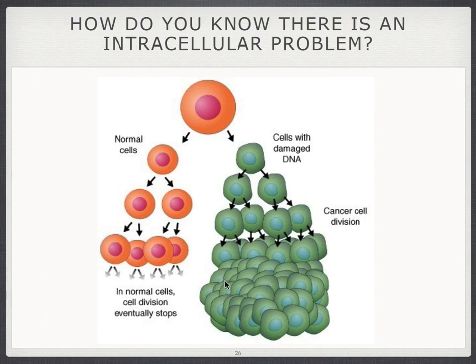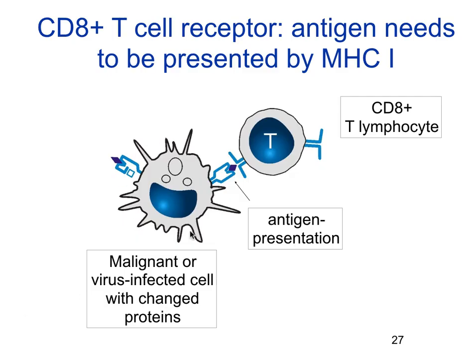So these proteins are then presented in MHC class 1. Here we have the malignant cell producing slightly different proteins, or a virus infected cell that is producing viral proteins. Then this cell can tell the outside world through MHC class 1, look, I have a problem, you have to kill me. And this CD8 positive T cell can sense this antigen and think, oh, wait a minute, there's something wrong with that cell, it needs to be killed.